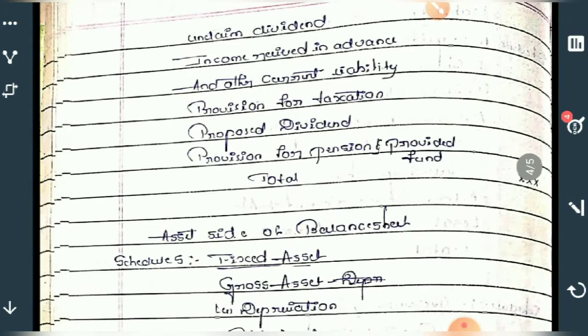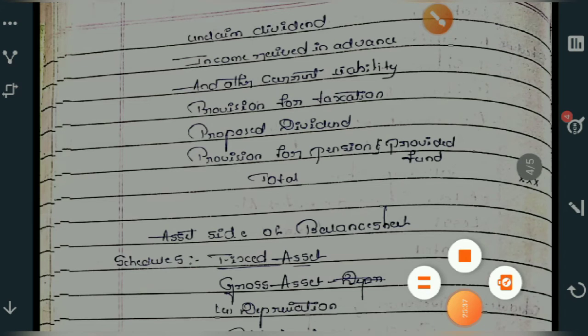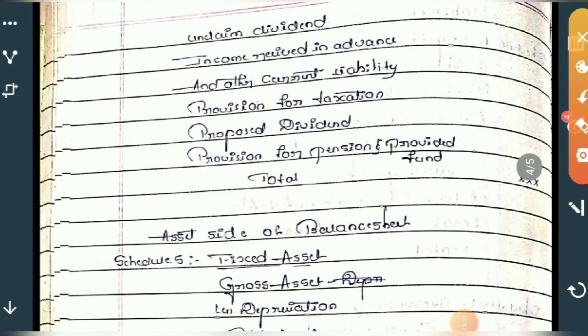Any unclaimed dividend will come there, any type of income received in advance, every such item will come. Then any other current liabilities you have to consider, right? So after that, 14 provision, correct?